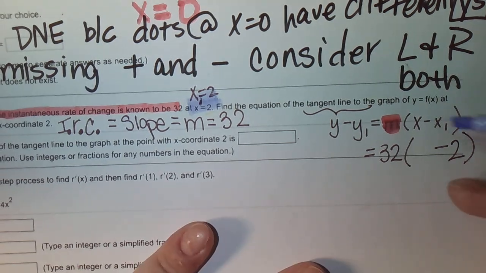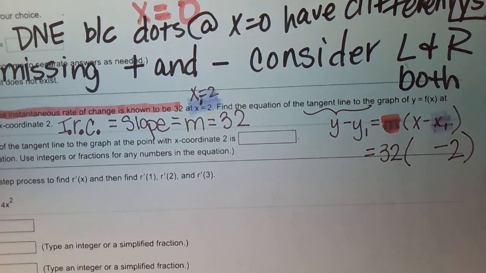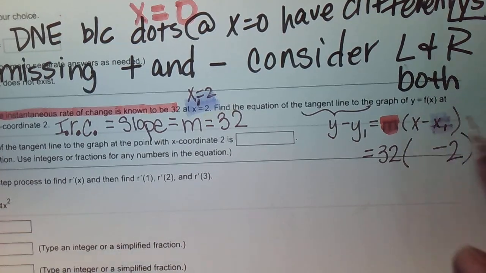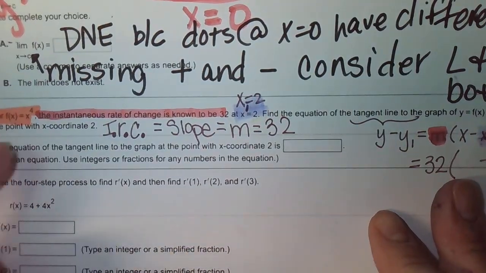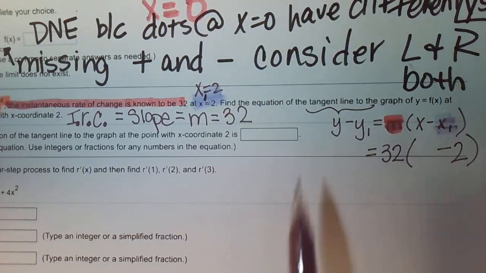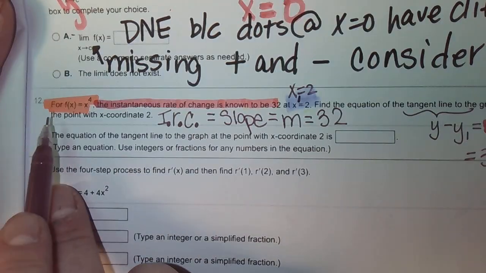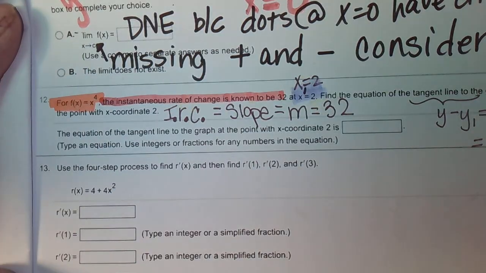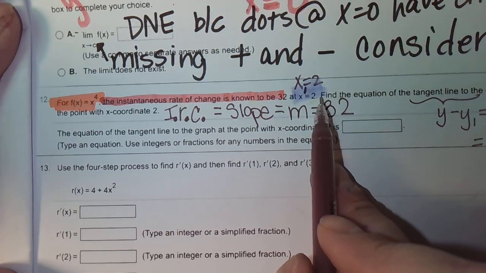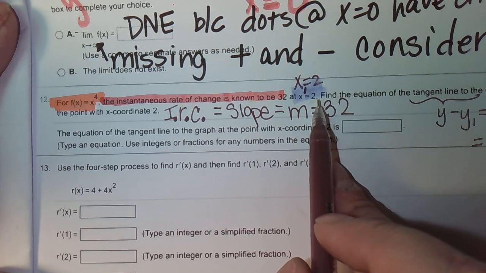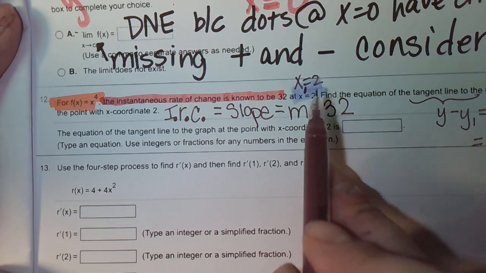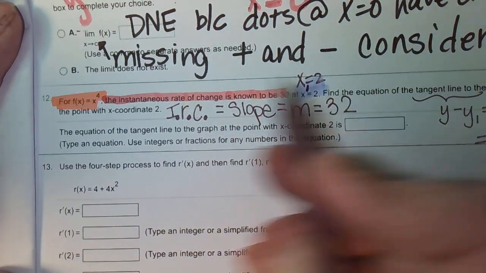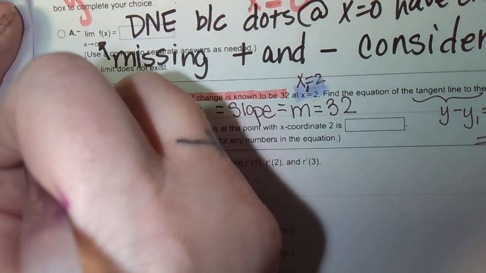So that x1 is 2, and I had to write minus 2 because the formula says minus, okay? Then I'm going to get the y value from this f parentheses x to the 4th. So if I want to find the y value for an x of 2, I'm going to plug in 2 into this x to the 4th.